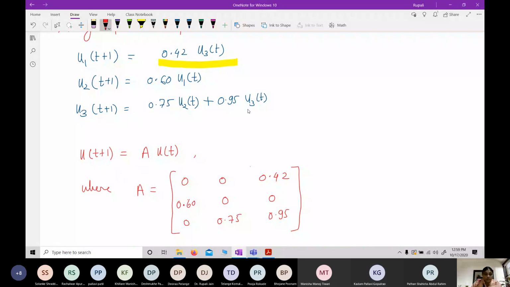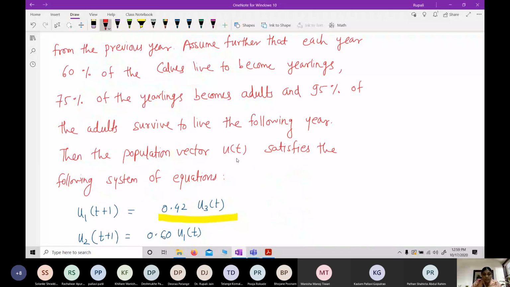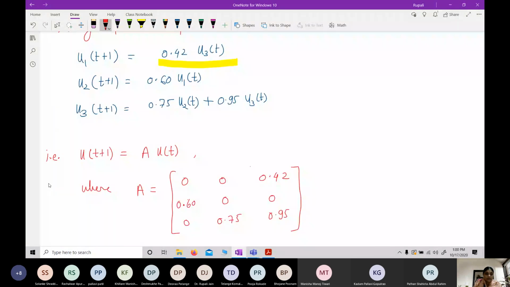So the population vector u of t satisfies the system of equations, or the linear system we can say, that is we can write here, that is in matrix form, this one, where A is this 3 by 3 matrix.